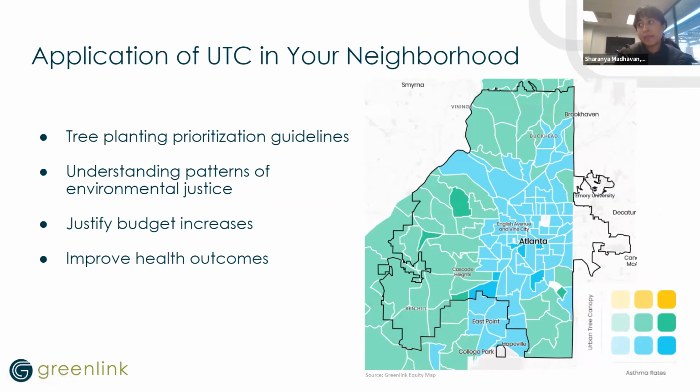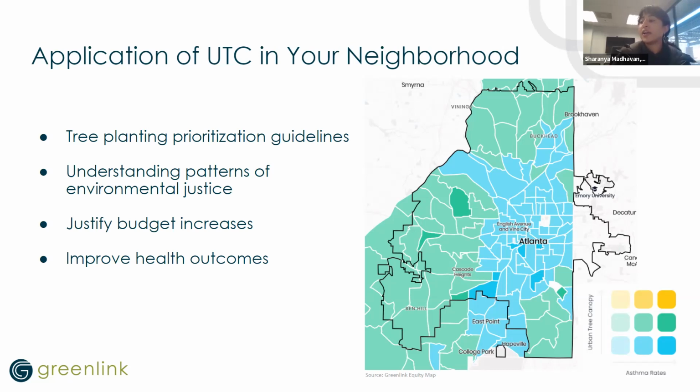This map on the right is a screenshot of what we will be seeing in GEM, and it's an overlay of urban tree canopy and asthma rates. It shows the intersection between tree canopy or green space and health issues, and I highlighted asthma as our health issue for this slide.